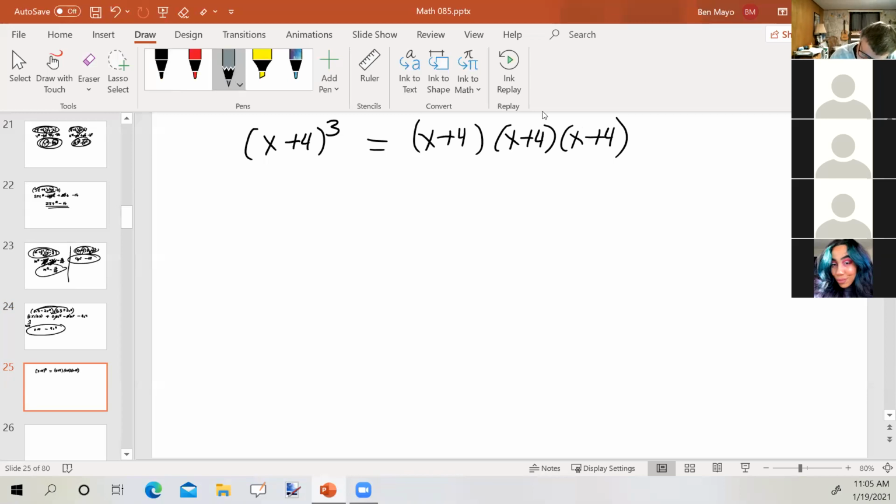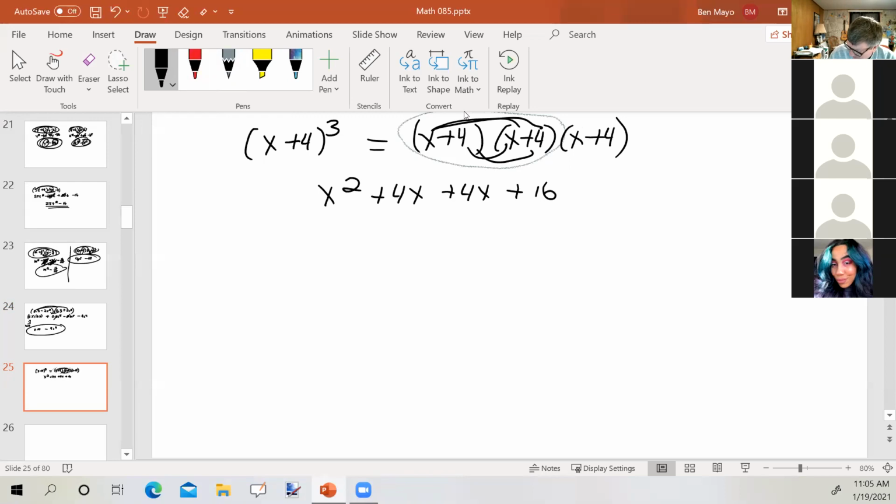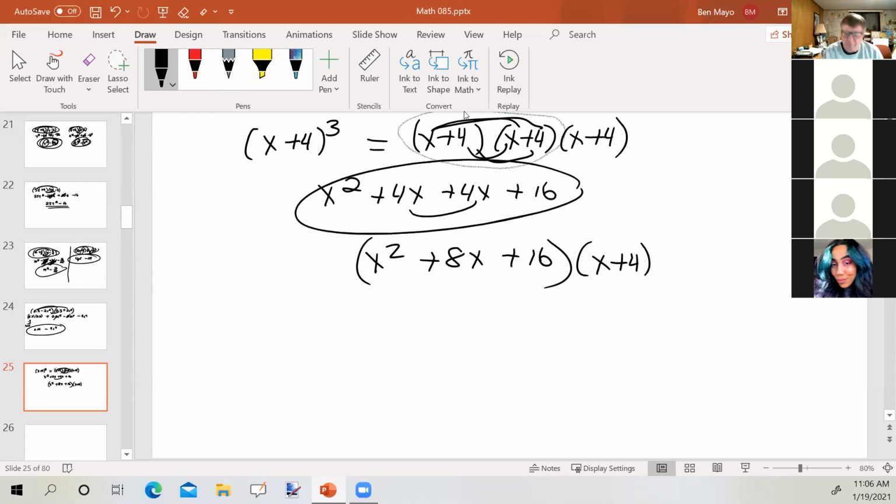So now I'm going to FOIL this together 2 factors at a time. I've got x squared plus 4x plus 4x plus 16, which is x squared plus 8x plus 16 times x plus 4. Once I've simplified that first grouping, I'll multiply that by the second one.